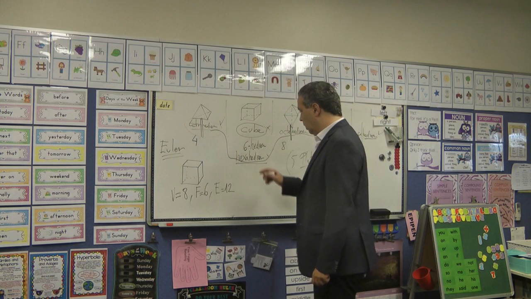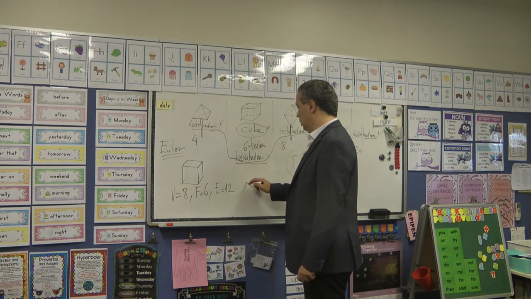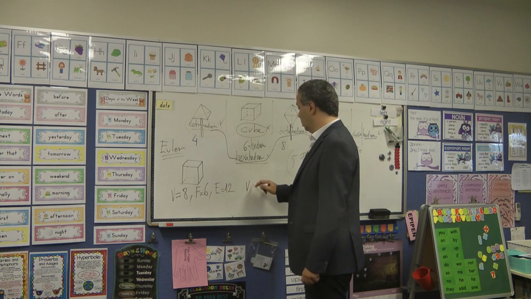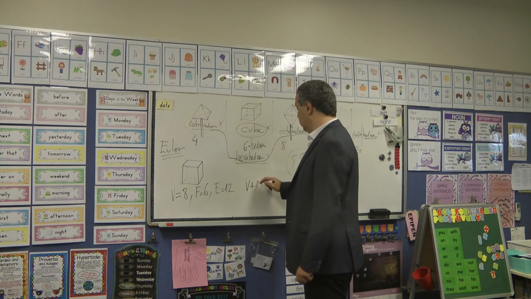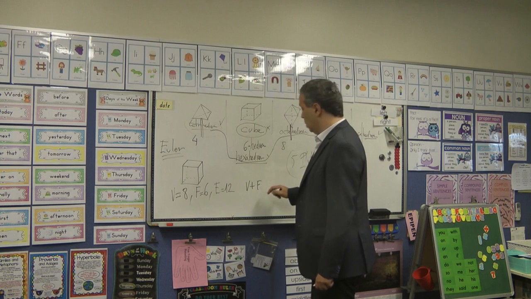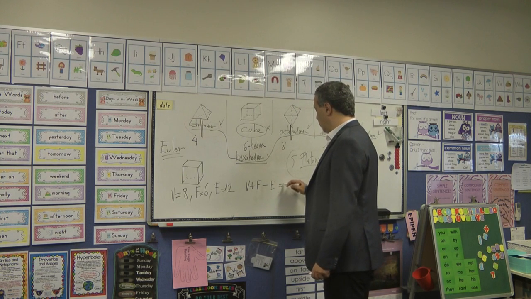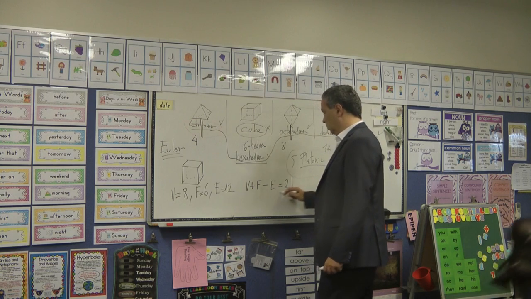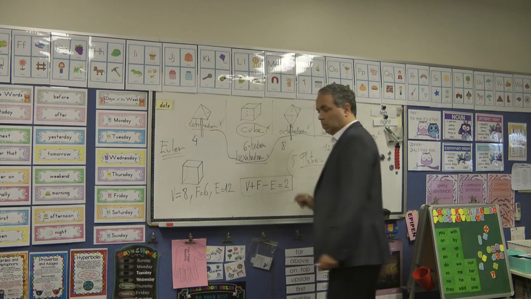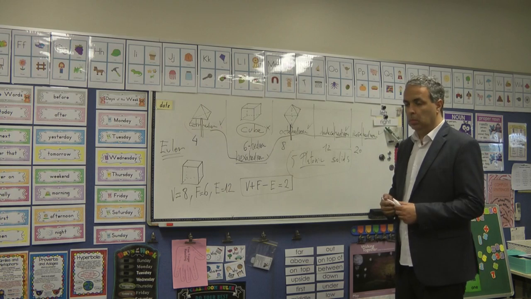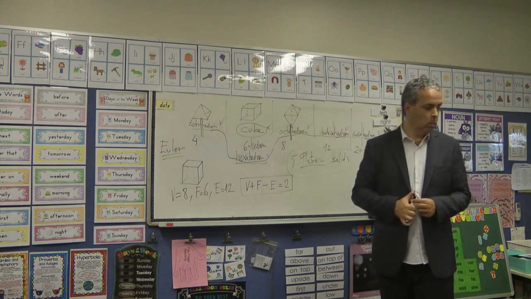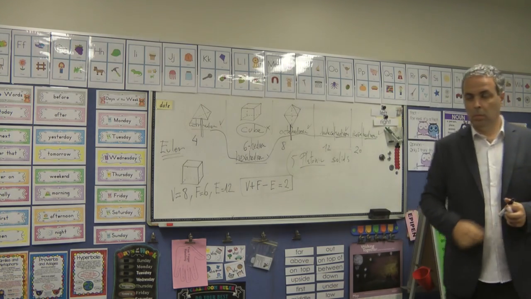He said, if you do vertices plus faces minus edges, you will find 2. 8 plus 6 equals 14 minus 12 equals 2.